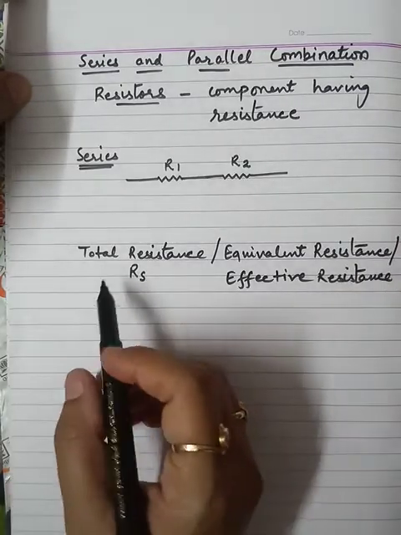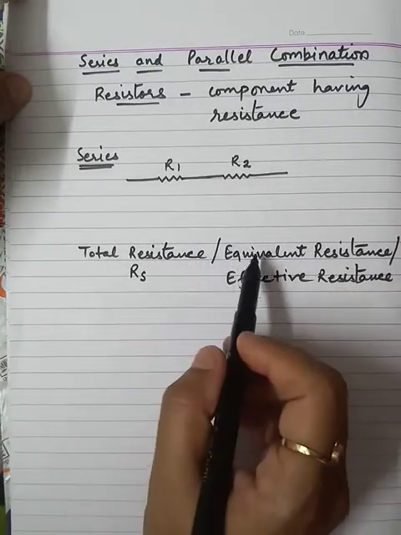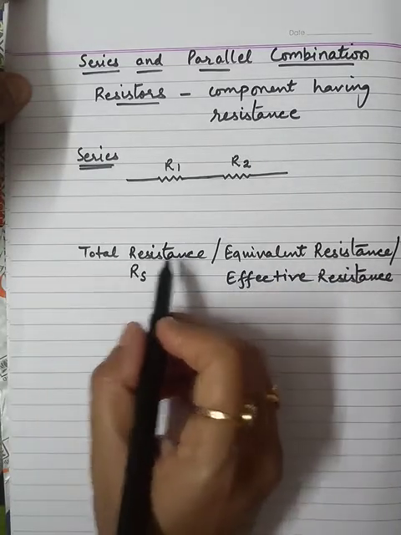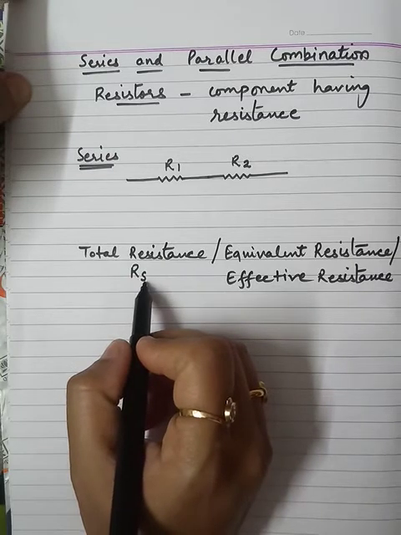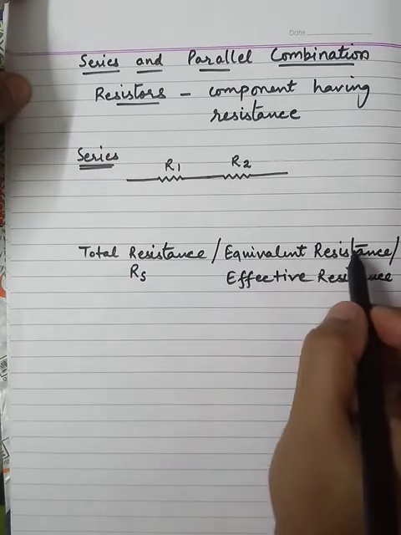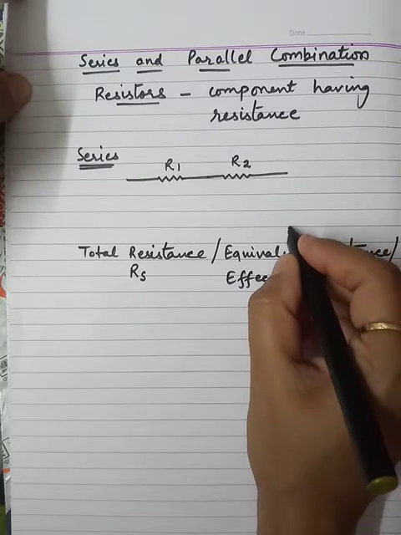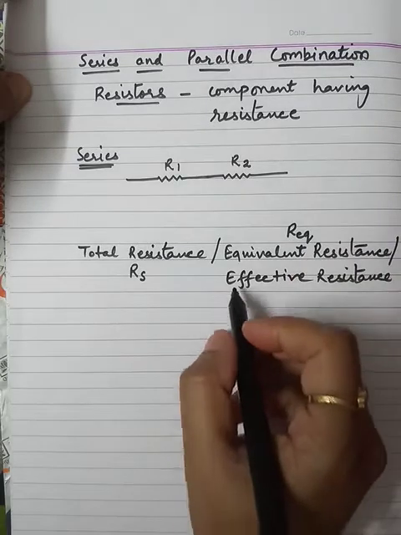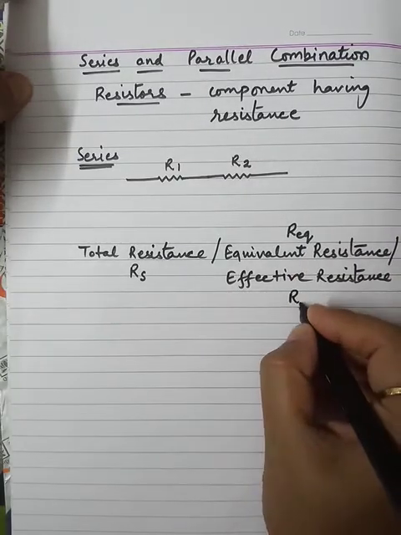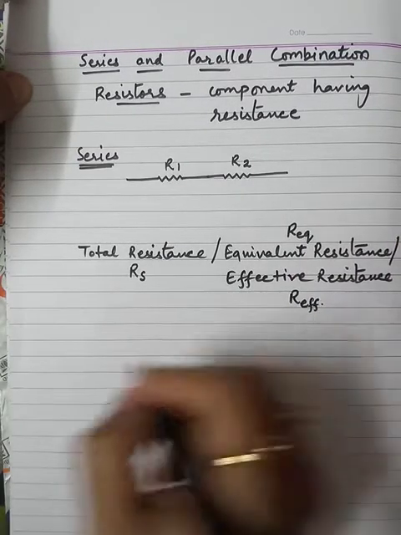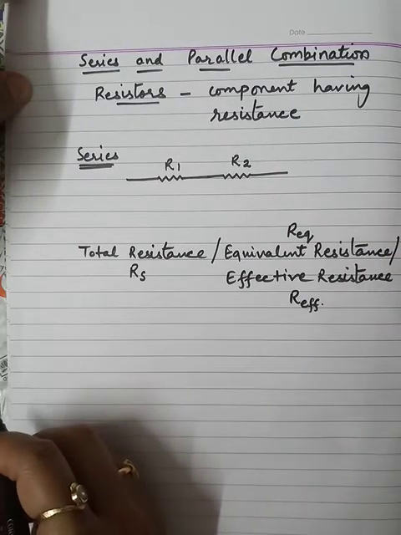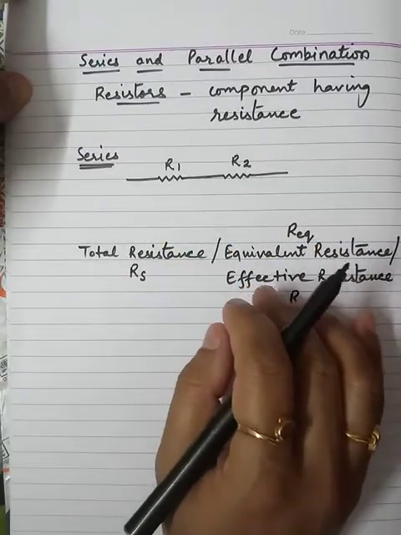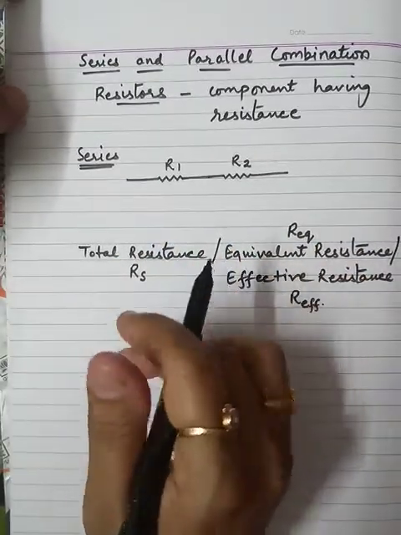So we should be able to find total resistance or equivalent resistance or effective resistance. Total resistance in series combination can be represented by RS. Equivalent resistance can be represented as REQ, and effective resistance can be represented as REFF. Okay, so these are the names given to the total resistance, in any type of the combination, right?